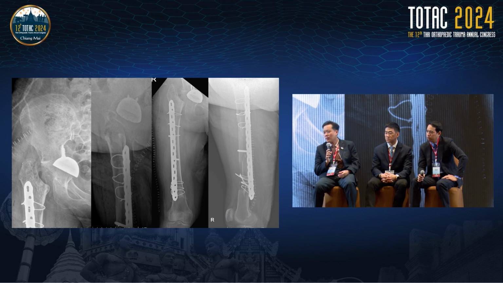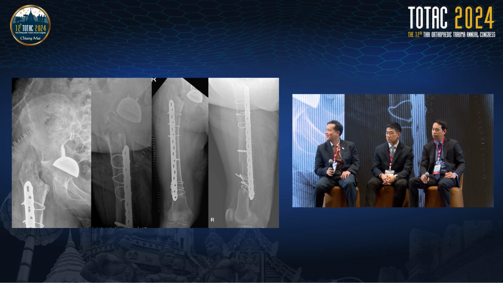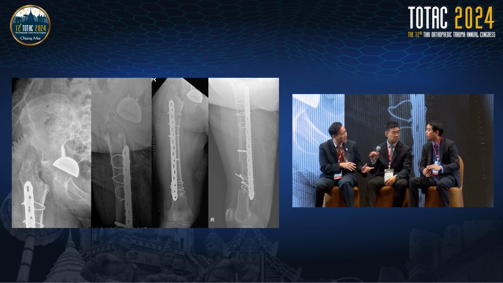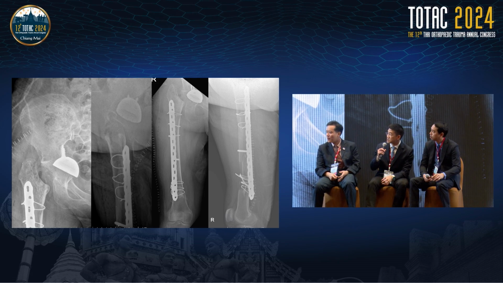I think we have to plan quite meticulously, because sometimes we have to use augmentation at the acetabular cup, either some type of highly porous metal augmentation, or even allograft, or even 3D-printed metal. It's quite difficult in this case. So the question is, what is the final management, right?